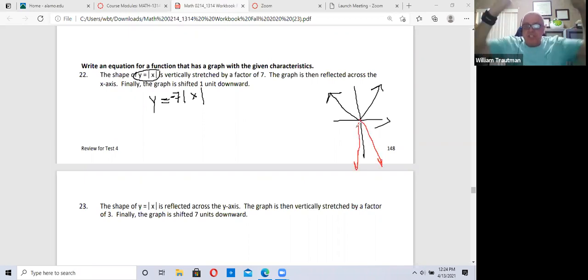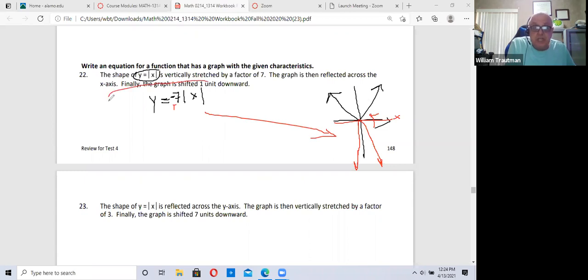And it's reflected on the x-axis. So it's skinnier than the other one by a factor of 7, and the negative flips it on the x-axis. So the red is the answer. This is what the equation looks like after you do the transformations. The black one is the original graph.